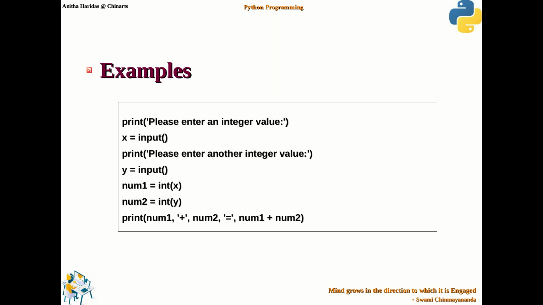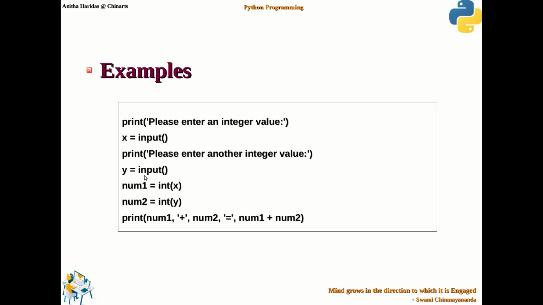Please note, the input or the raw_input methods will read the data from the user as a string data type. So obviously, even though you are going to enter your value like 12, the 12 will be assigned as a string to variable x.